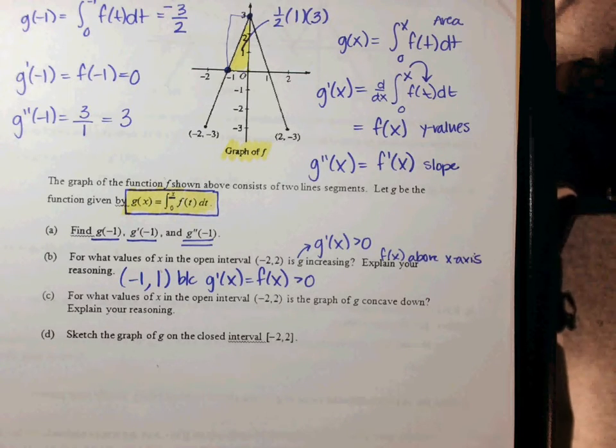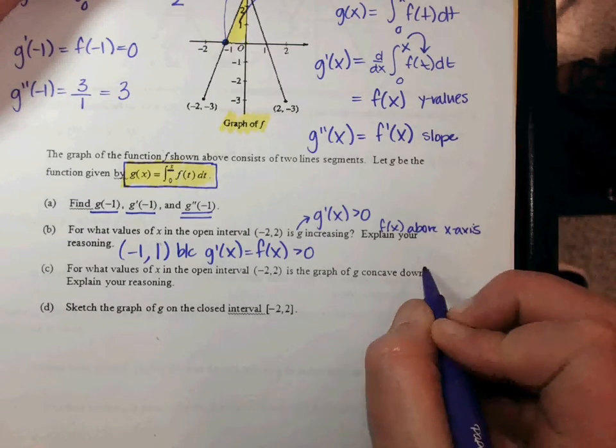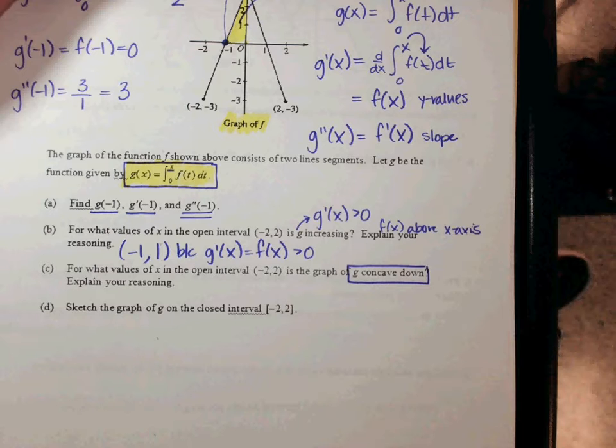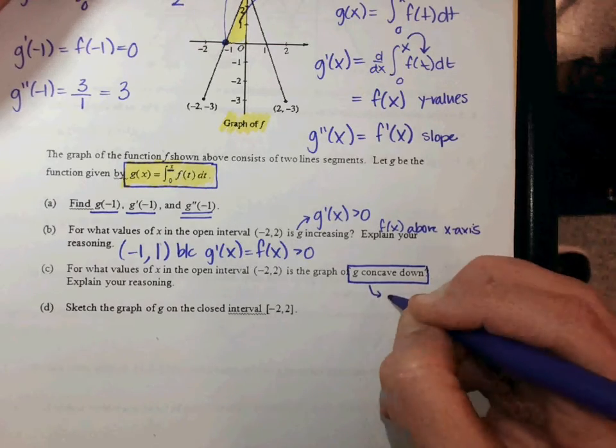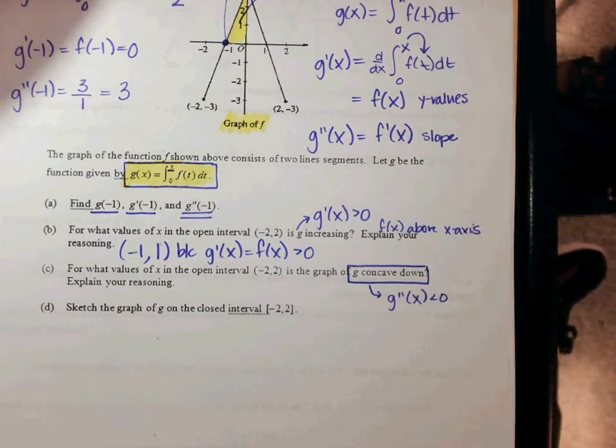Okay, part C. Where is the graph of g concave down? If I want to talk about concavity, am I looking at g, g prime, or g double prime for concavity? G double prime. What sign does it have to have? Okay, negative. But what is g double prime if I'm looking at f?